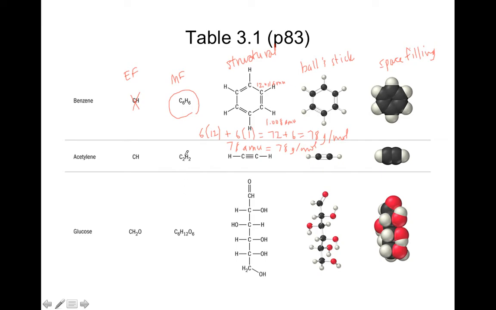What about acetylene? Acetylene, it's got the same empirical formula, right? But it's got 2 carbon atoms for every molecule and 2 hydrogen atoms for every molecule, so it would be 2 times 12.011. This is like I have up here, but I'm giving more precision here. Plus 2 times what?